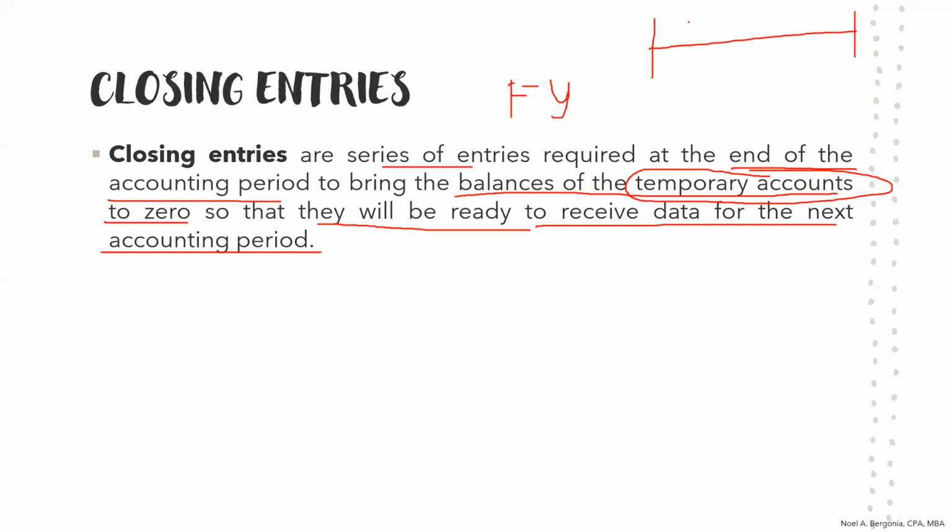After that, they should disappear and then be replaced by other transactions that will happen in the next accounting period as well. So that is the purpose of the closing entry, to zero out the temporary accounts so that we could get ready in receiving the data in the next accounting period.